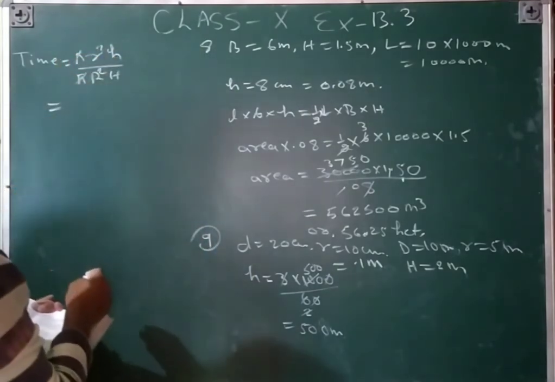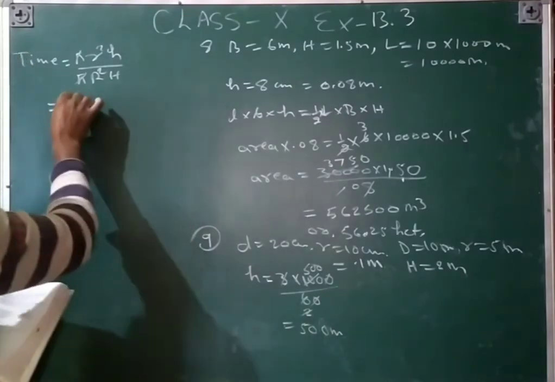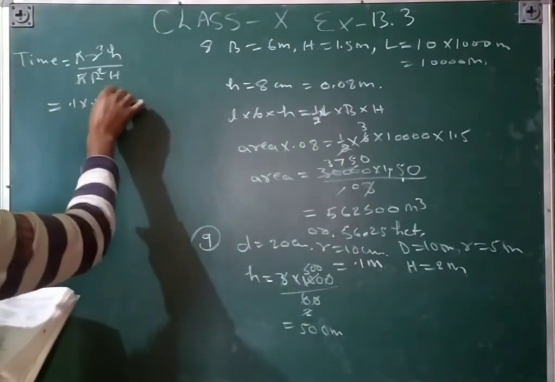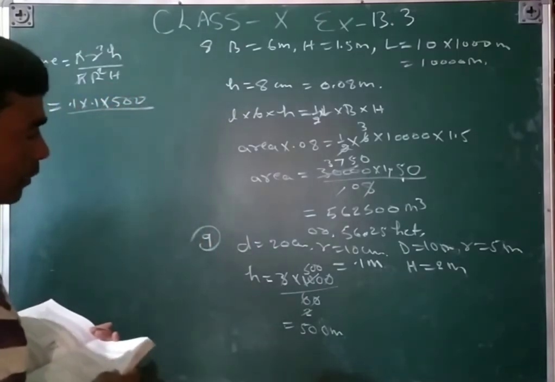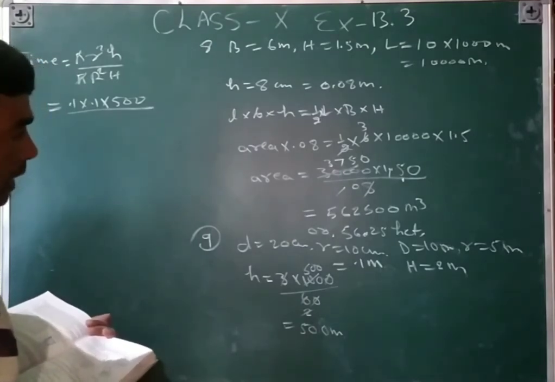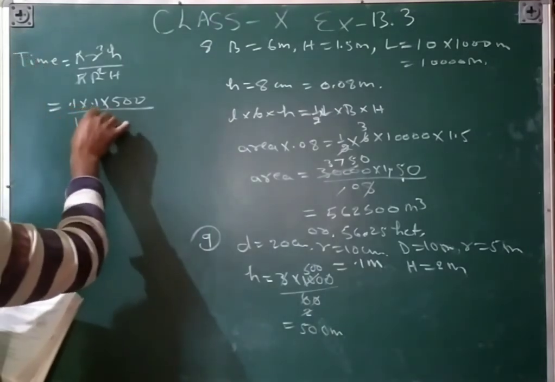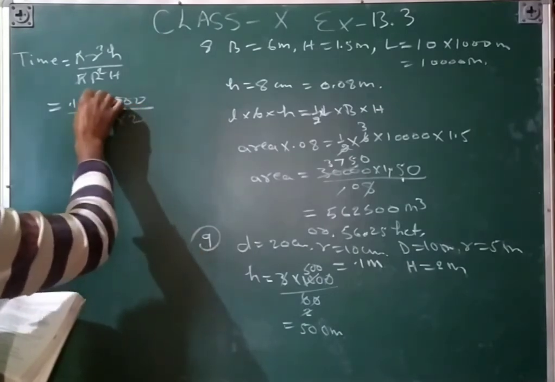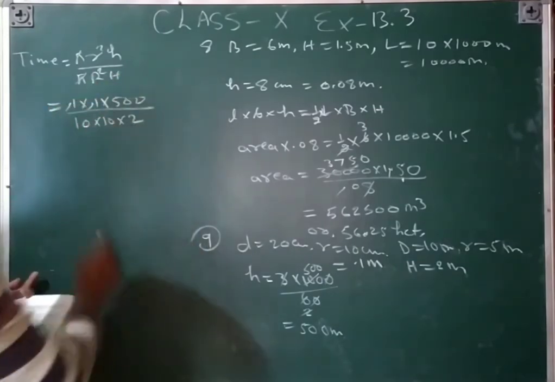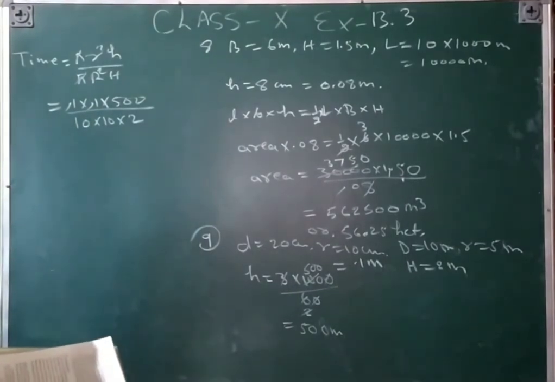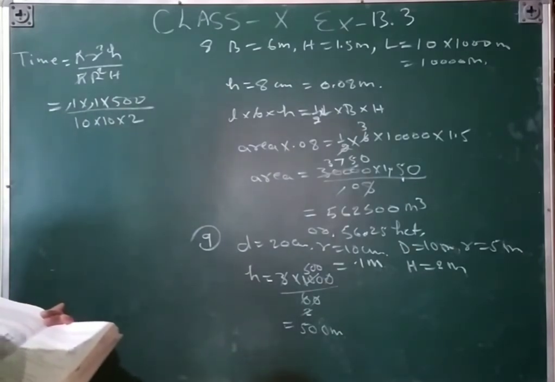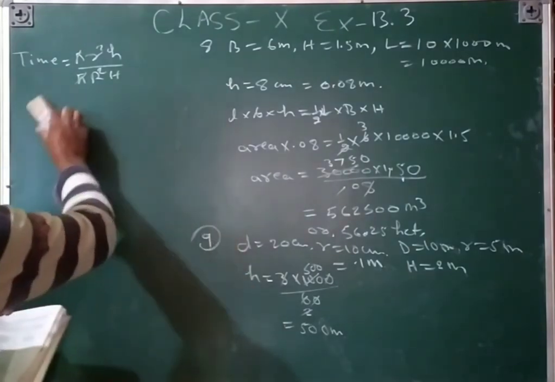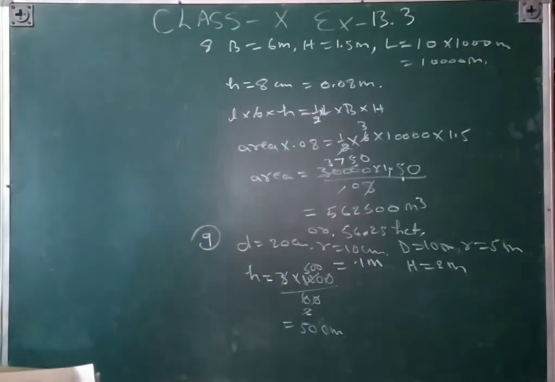So r is 0.1 into 0.1 into 500, and then upon 10 into 10 into 2. Just a minute, I have written just the opposite type of that one.